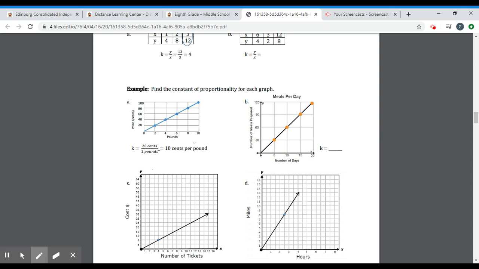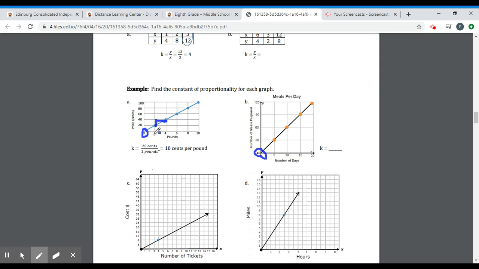So we know that it's going to go through the origin, the 0, 0, and we already see that here in those two, right? So the only thing we need to do is find our y over x. So we can do rise over run if we want. We can pick 2 points like these.